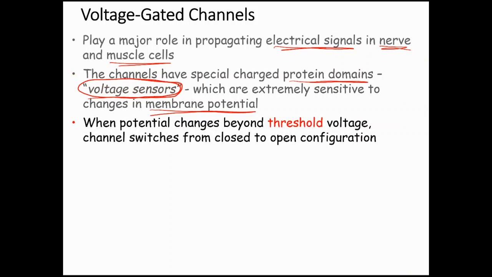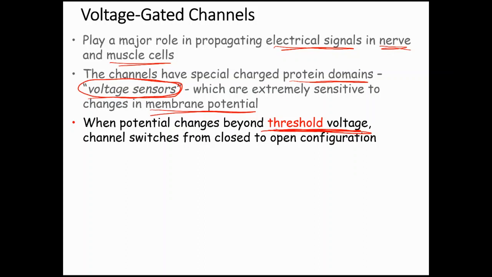When the potential changes beyond what we call the threshold value, the channel switches from the closed to the open configuration. It doesn't always tightly close. Sometimes those channels, even though they're gated channels, will periodically open. But if you actually have a threshold voltage, an electrical signal causes the voltage sensors of the channel to reach threshold.